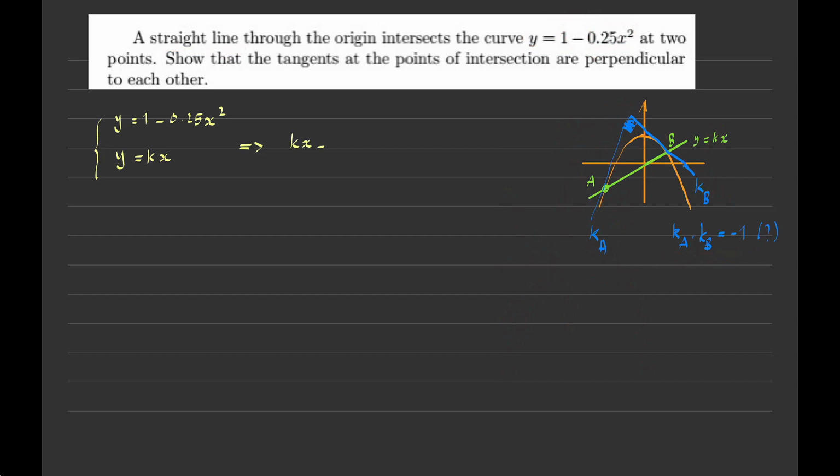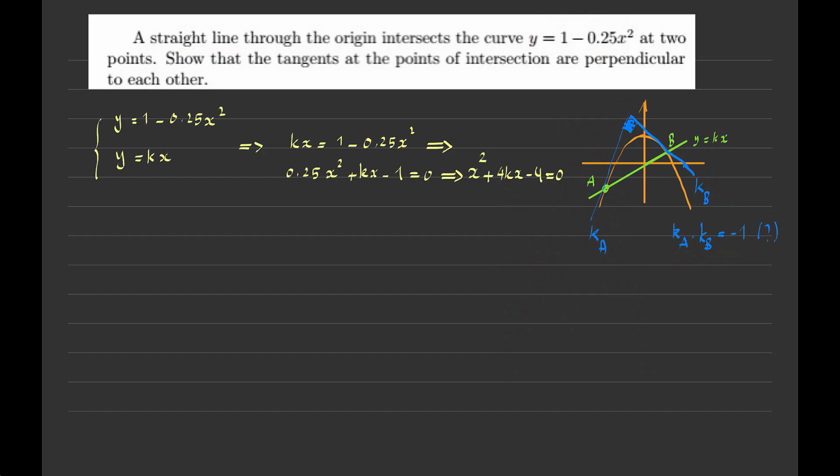So kx should be equal to 1 minus 0.25x squared. This is a quadratic equation, so I move it to the left. It becomes 0.25x squared plus kx minus 1 equals 0. But working with decimals is hard. If you don't mind, let me multiply everything by 4. If I multiply 0.25 by 4, I simply get x squared. Then this becomes 4kx minus 4.